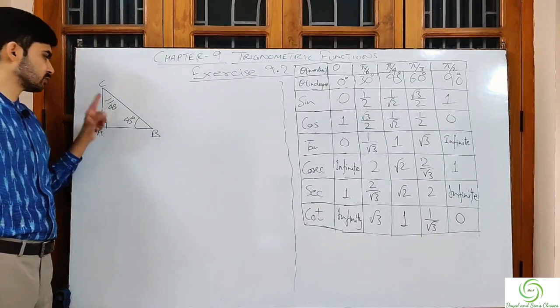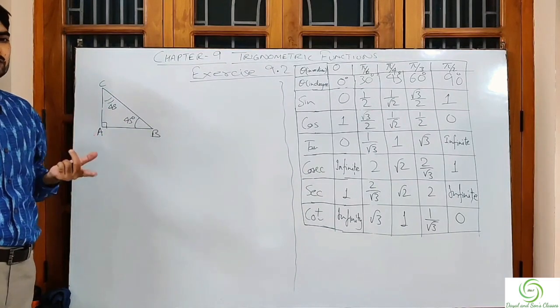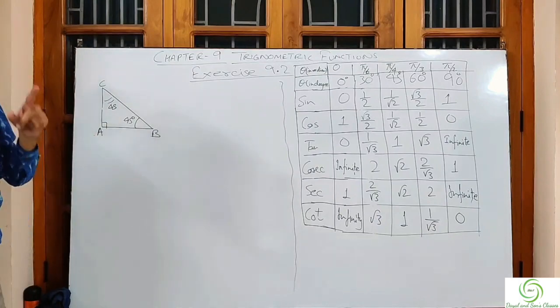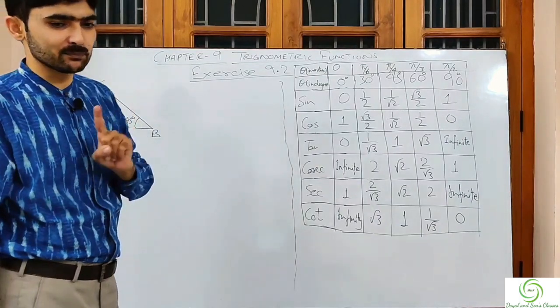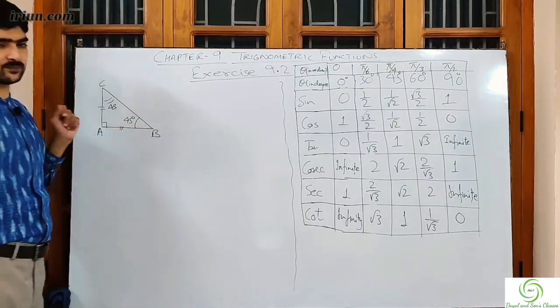And we know when two angles are equal, then what kind of triangle this will be? This will be an isosceles triangle. In an isosceles triangle, what happens? The sides opposite to equal angles are equal. That means this side is equal to this side, right?